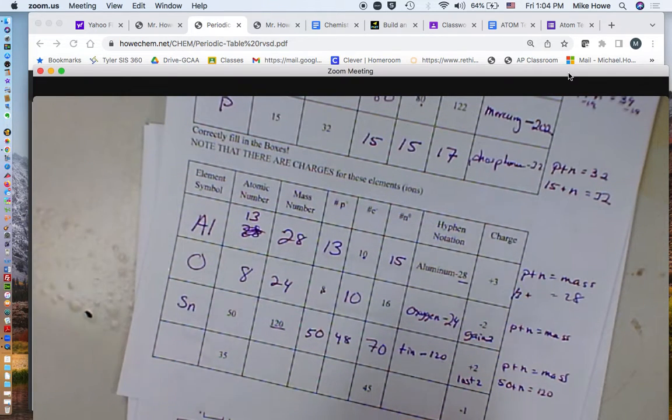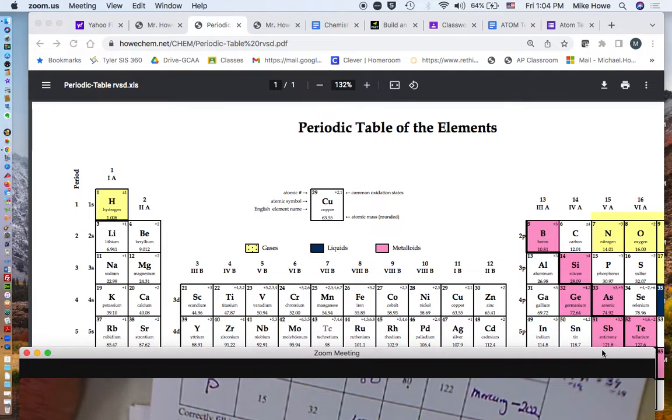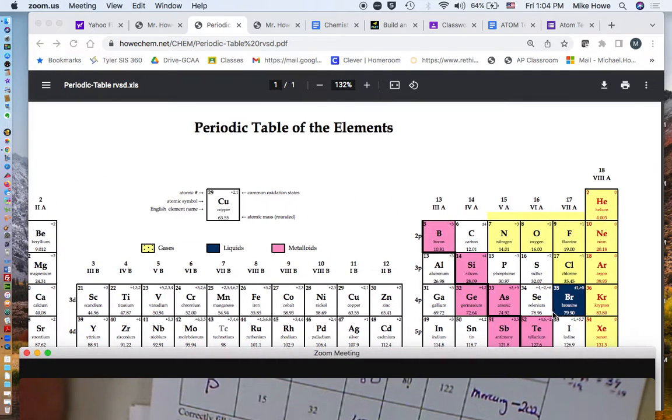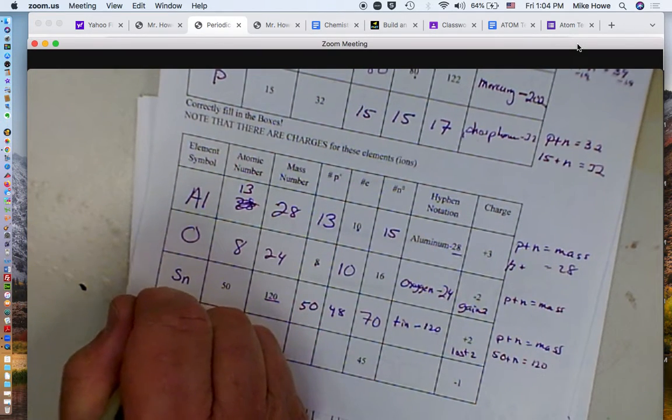All right, last question on this section. We have an atomic number of 35. So atomic number tells you what the element is. And that's number 35, that's bromine. So that'd be Br.